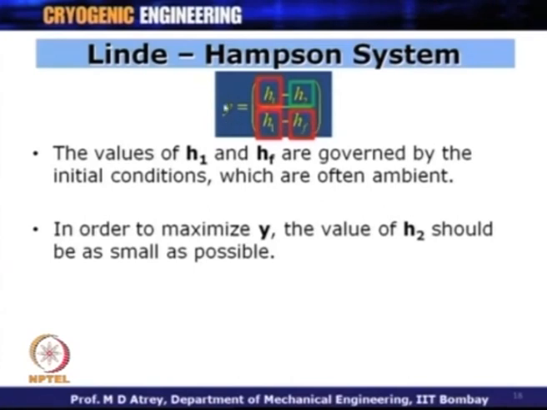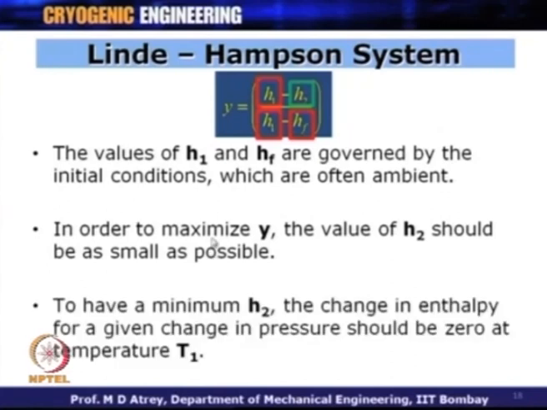In order to maximize Y, H1 minus H2 should be as high as possible, or H2 should be as small as possible. What is H2? Enthalpy at a point after the compressor. So, it depends on what is the pressure of the gas after the compression and the corresponding enthalpy at that particular point. So, to have minimum H2, the change in enthalpy for a given change in pressure should be 0 at temperature T1.